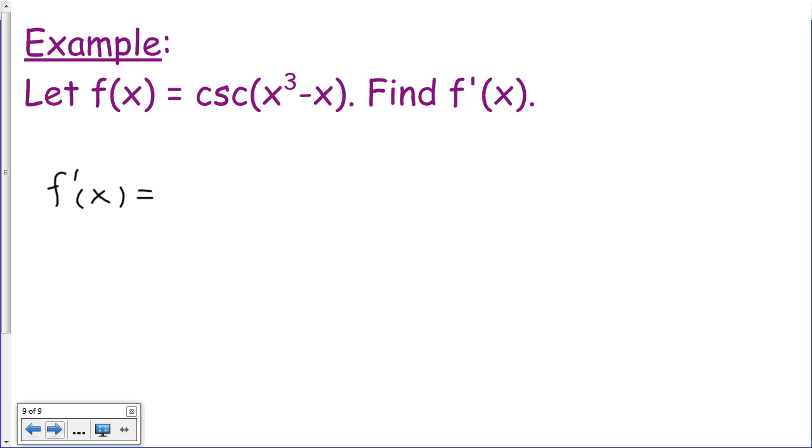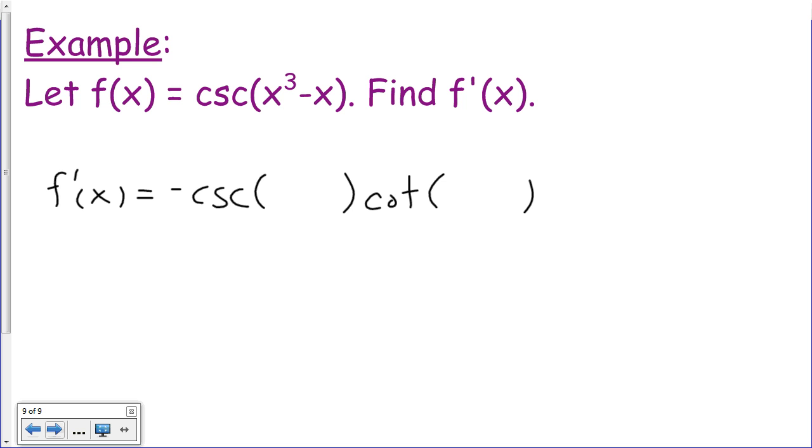But let's take a look at this one. Chain rule says to find the derivative of the outside function first, derivative of cosecant. Again, your thought process should be this. I know the derivative of secant is secant times tangent, so the derivative of cosecant is going to be a negative cosecant of something times cotangent of something. Instead of secant tangent, it's cosecant cotangent, and it is negative.